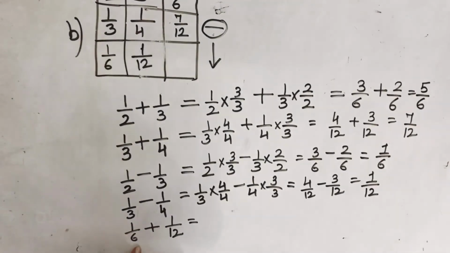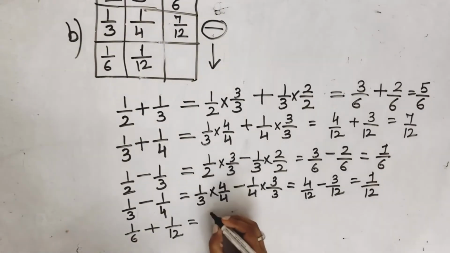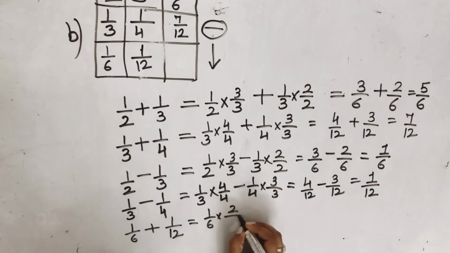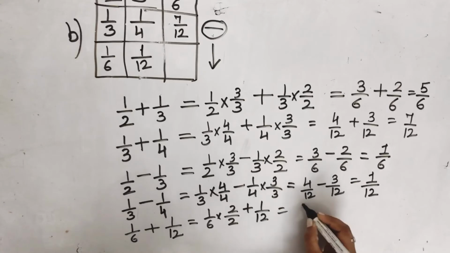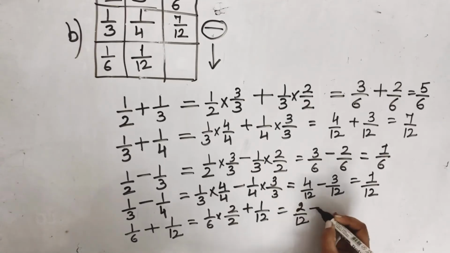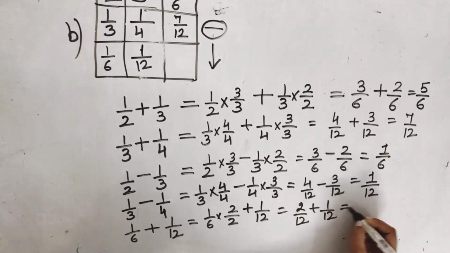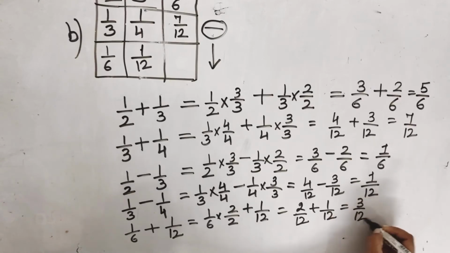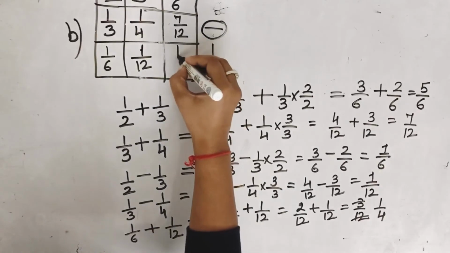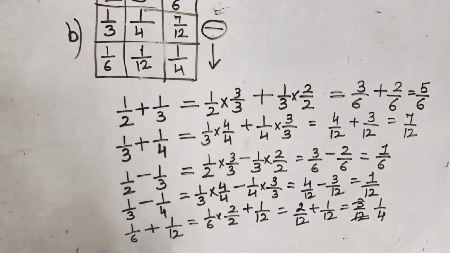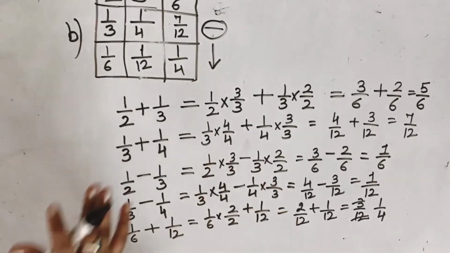LCM of 6 and 12 will be 12. So 1 by 6 into 2 by 2 plus 1 by 12. It will be 2 upon 12 plus 1 upon 12, 3 upon 12. Again you can simplify. 1 by 4. So answer is 1 by 4. Like this you have to complete the table.